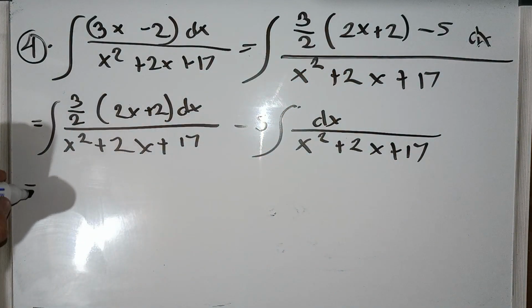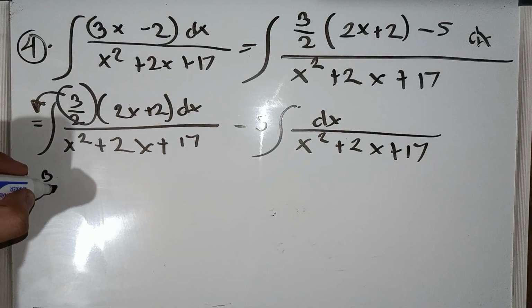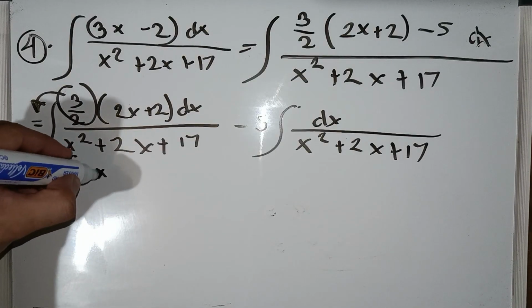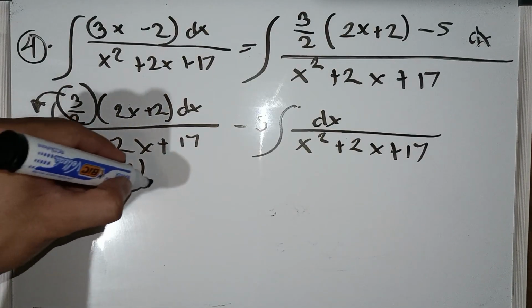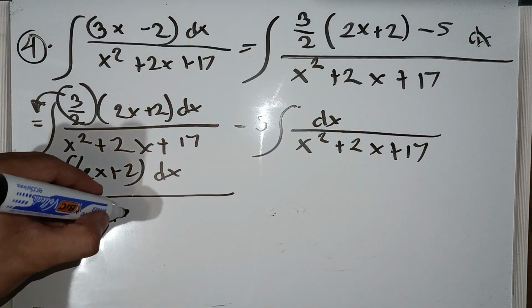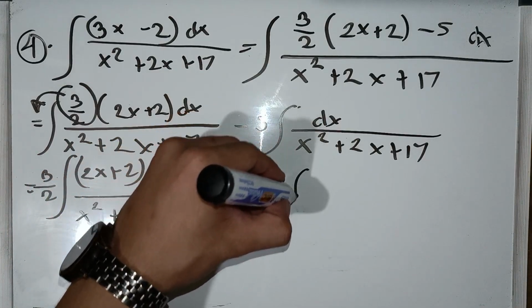Since 3 over 2 is a constant, let's put it outside: 3 half integral of 2x plus 2 dx all over x squared plus 2x plus 17, minus 5.